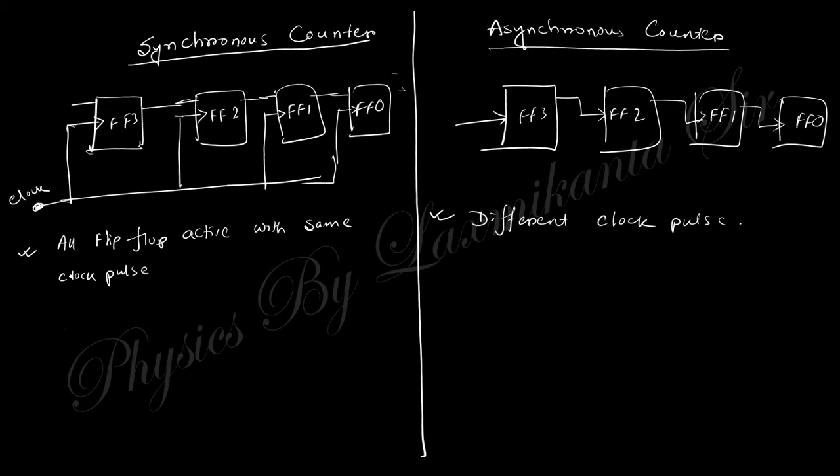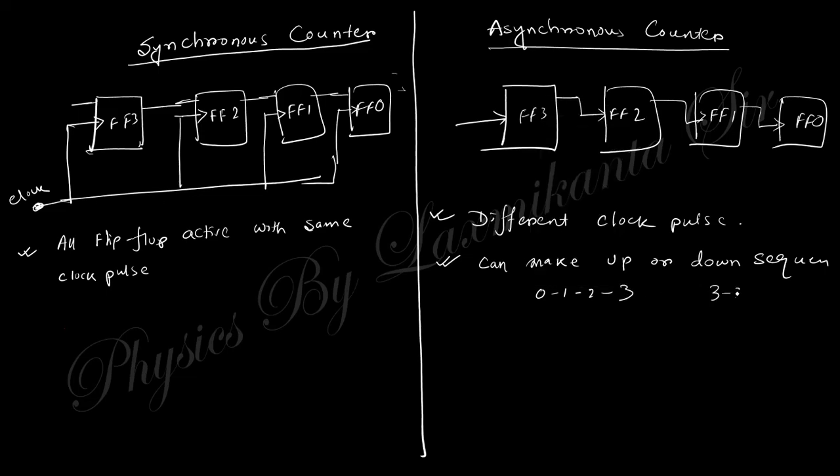In the asynchronous counter you can make only an up or down sequence. Up means 0, 1, 2, 3, like that.